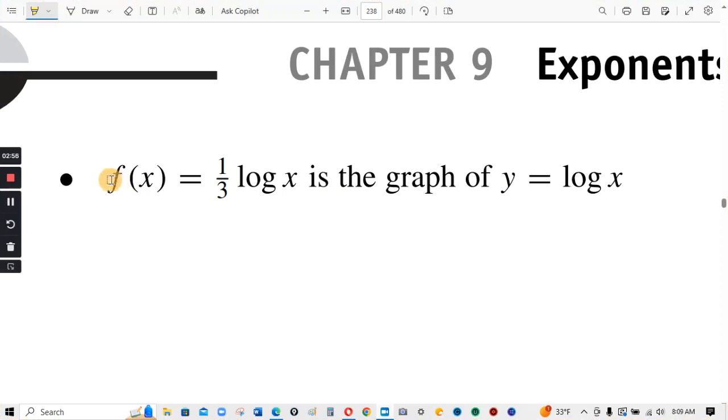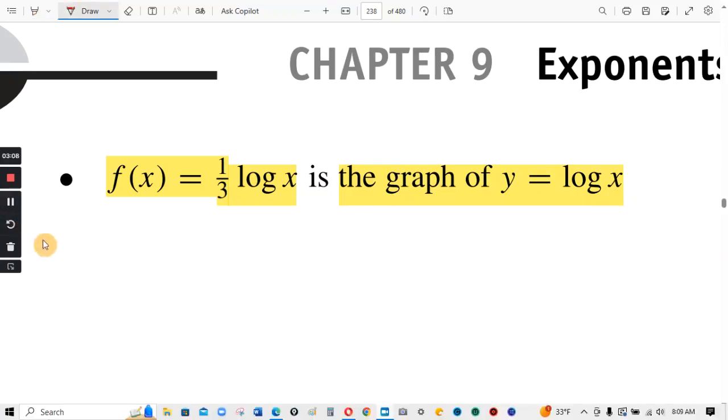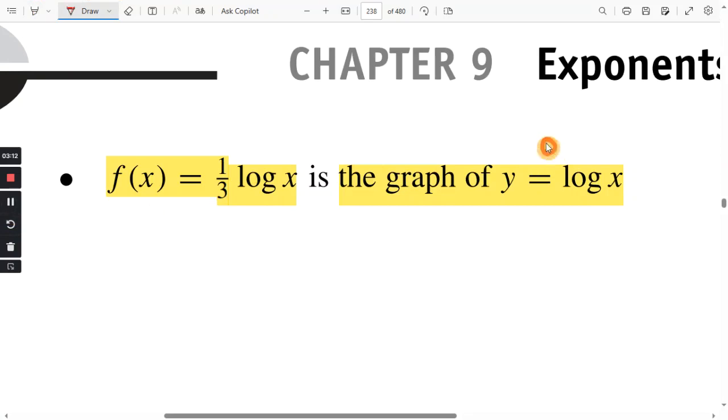All right, last one. F of x equals 1/3 log x is the graph of y equals log of x. See if you can figure out the transformation there. All right, this one here is the original, and this one here is the transformation.